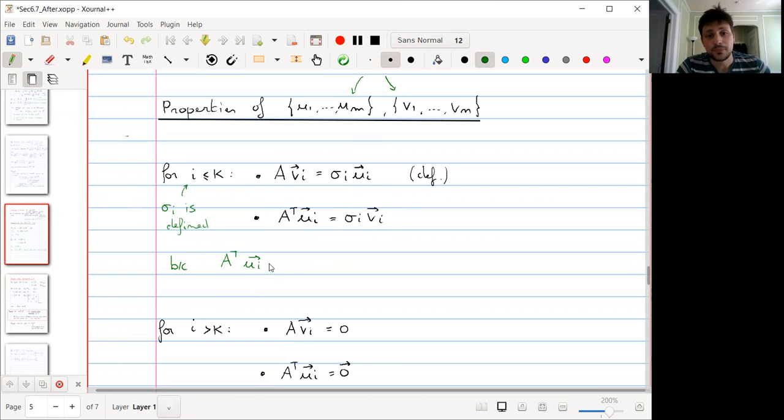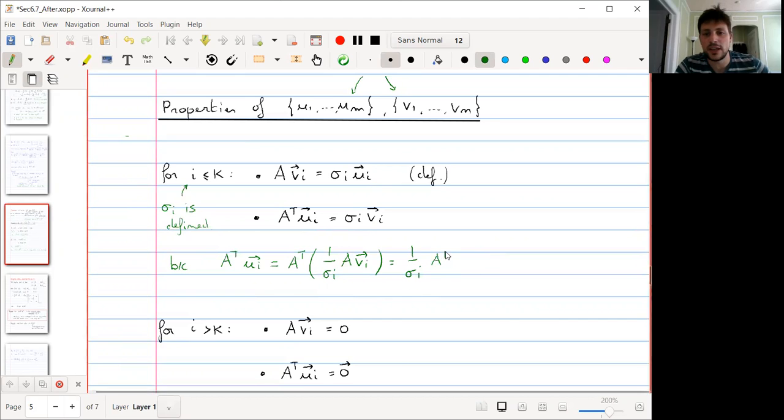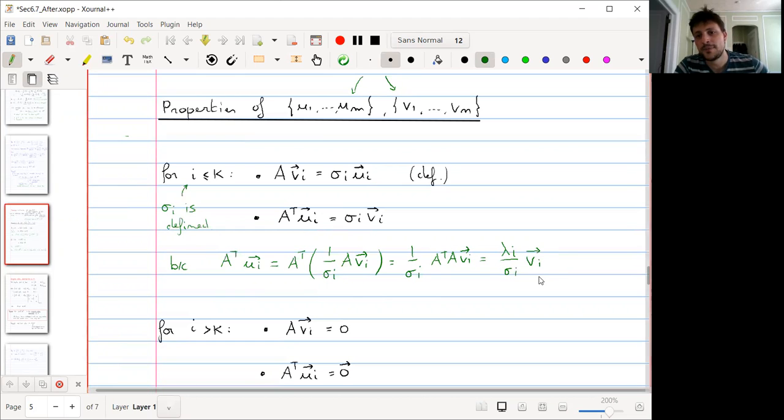and it will turn out it's automatic from how we set things up. In fact, if we try to compute A transpose Ui, that's A transpose of 1 over sigma i times A Vi, by definition of Ui. So when I clean this up, I get 1 over sigma i on the outside. This is A transpose A Vi, but Vi is an eigenvector of A transpose A. So this becomes lambda i over sigma i Vi.